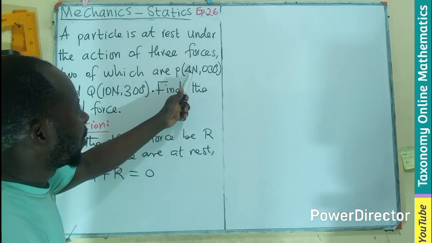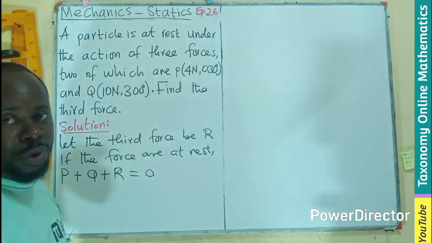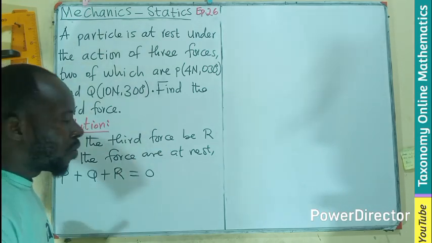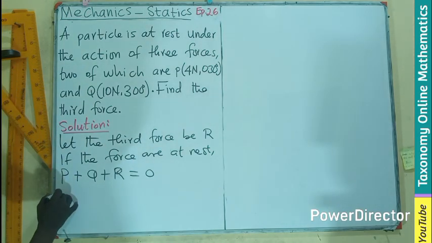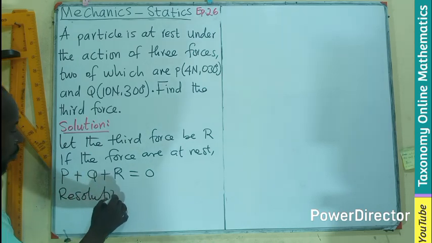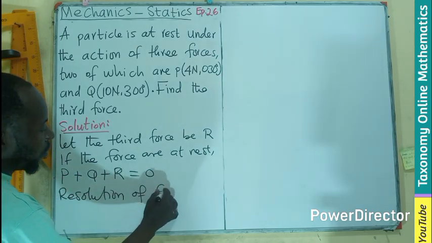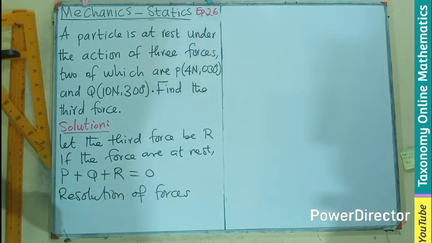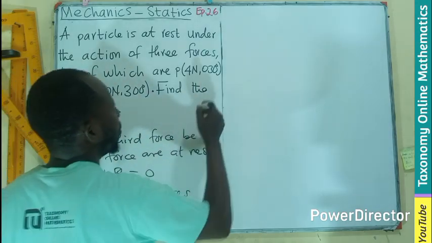The forces are in magnitude-direction form, so we convert them into vector column form. This is the resolution of forces. So let's resolve the first force, which is P.